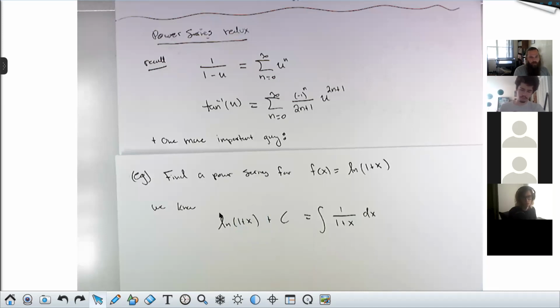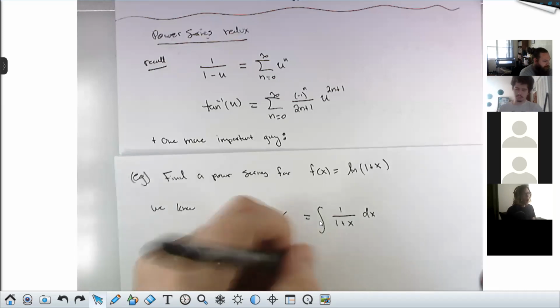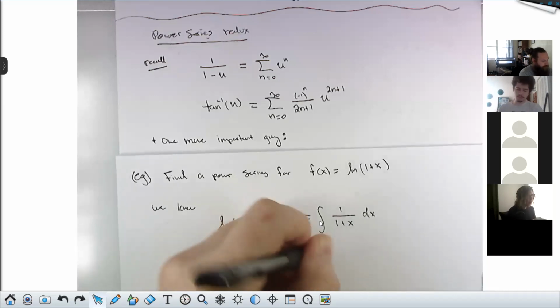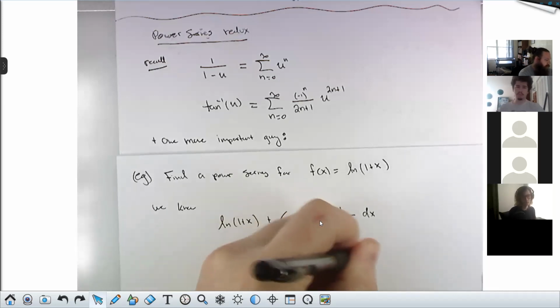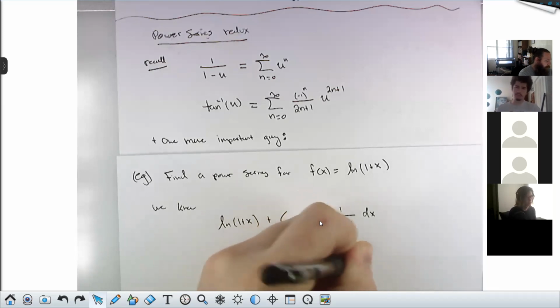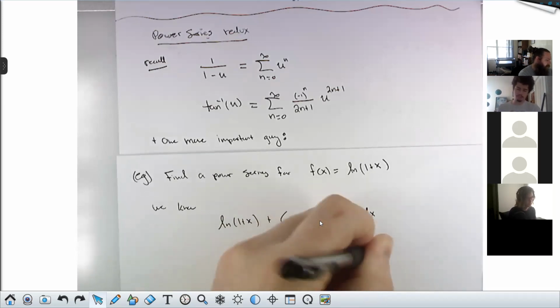It turns out I don't really care about the absolute values here because the radius of convergence is going to be small enough that the inside of the log would never be negative. So this is a fact. Using the geometric series trick, I can write this as the integral of 1 over 1 minus negative x.